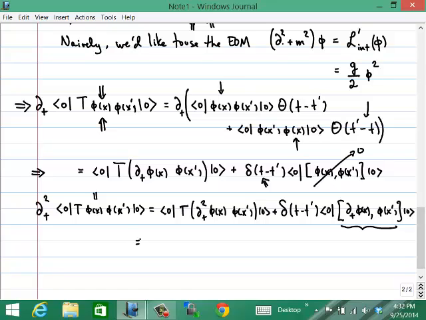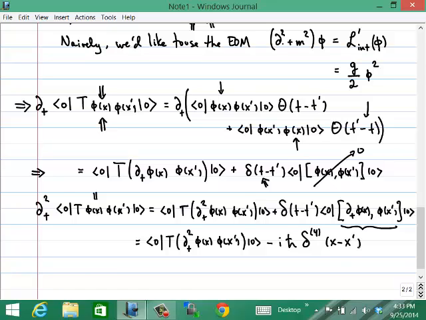Okay. So that means that this is the naive term, so two time derivatives, phi of x prime, plus a correction term, which is minus i h bar times the four-dimensional delta function that sets x equal to x prime.